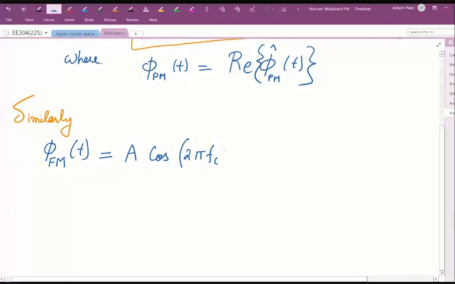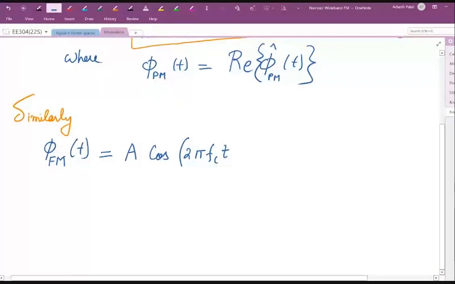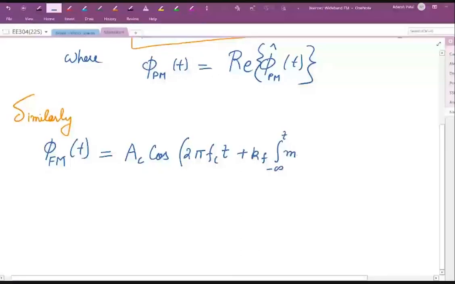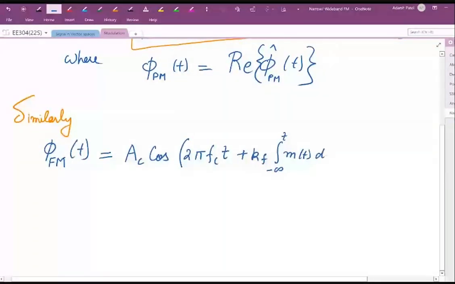So what Pujita is saying, we can write this thing as, instead of A, I will say AC, and then 2 pi fct plus kf times the integral from minus infinity to t of m(t) dt.